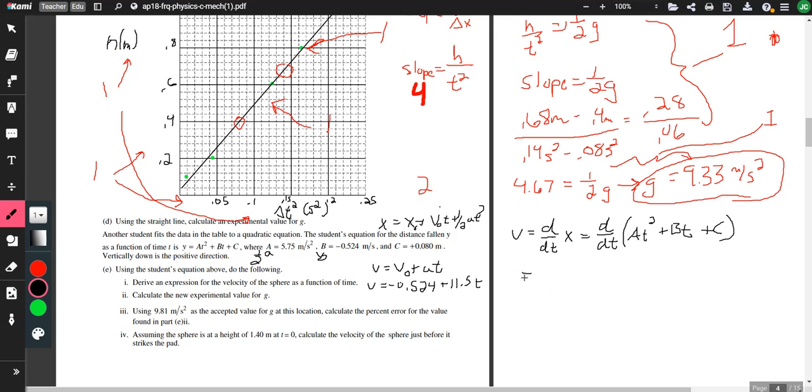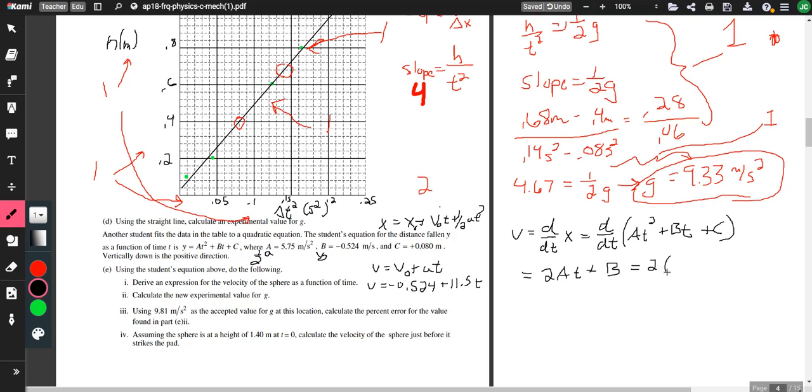If you recall, for polynomials like this, we take the exponent, multiply the coefficient by it, and then subtract 1 from the exponent. The exponent is 1, so it just becomes b. Subtract 1, it gets rid of the term. And then c is just 0. So my velocity is going to be 2at plus b.